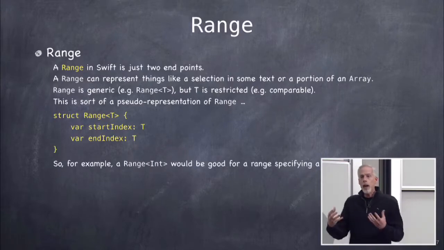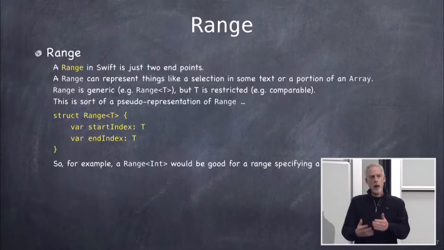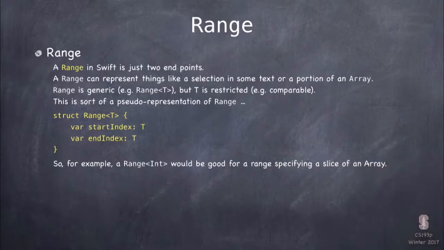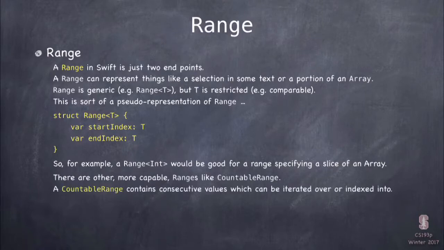So, for example, a range of int would be great for specifying a range in an array, because an array is indexed by integers, right? Starting at 0 and going up to the number of things in the array. Now, there are other more powerful, more capable ranges, like countable range. So a countable range is just like a range, except that you can count through intermediate values between the start and the end.